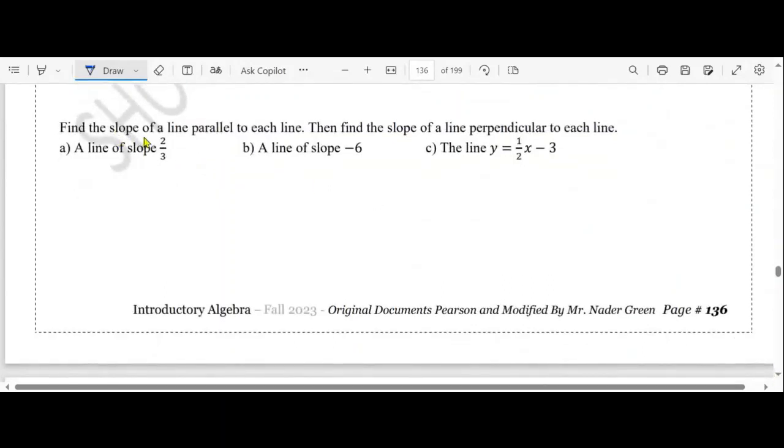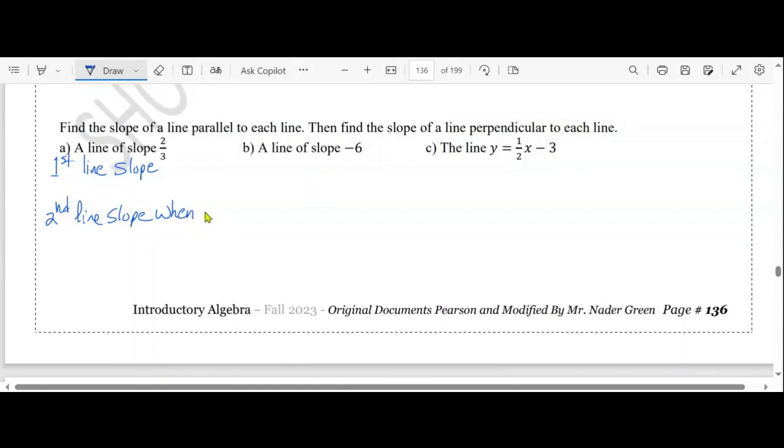Find the slope of a line parallel to each line. Then find the slope of a line perpendicular to each line. So this is the first line. That's the first line slope, right? He wants you to find the second line slope when it's parallel.